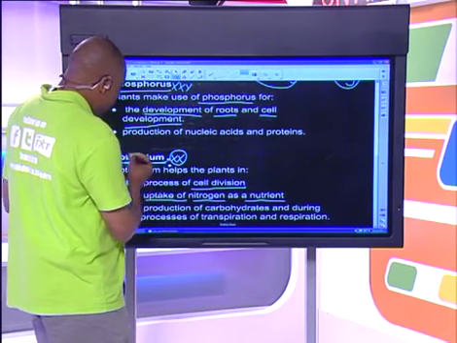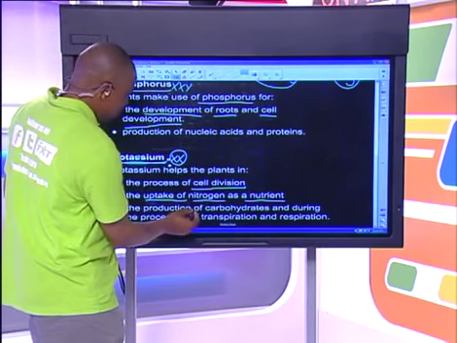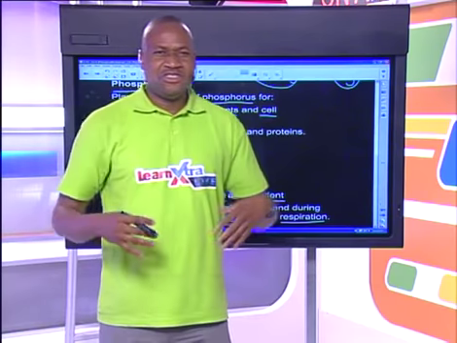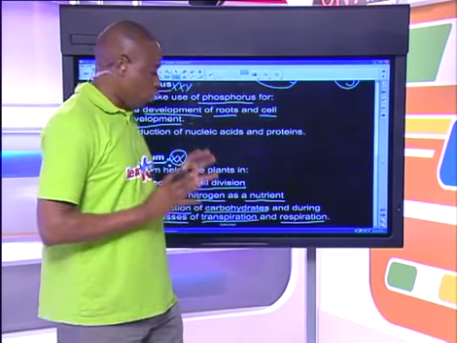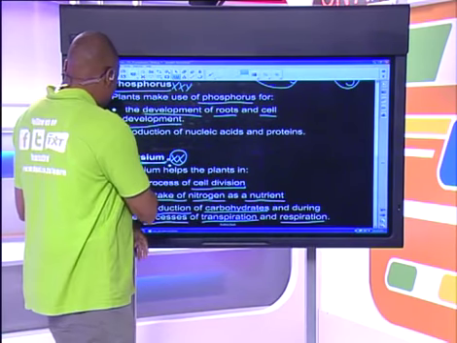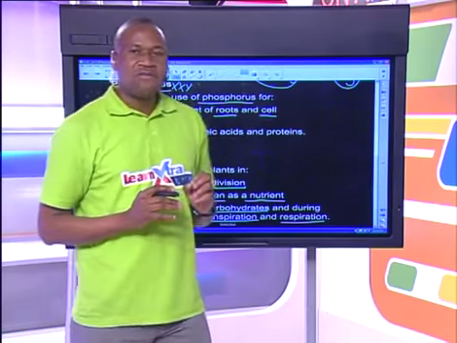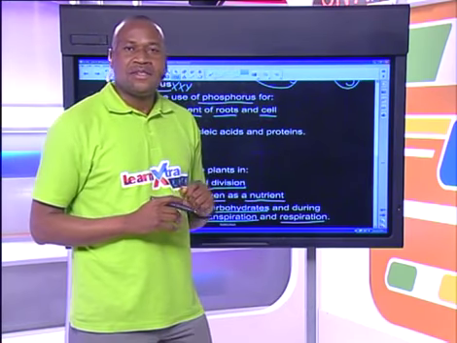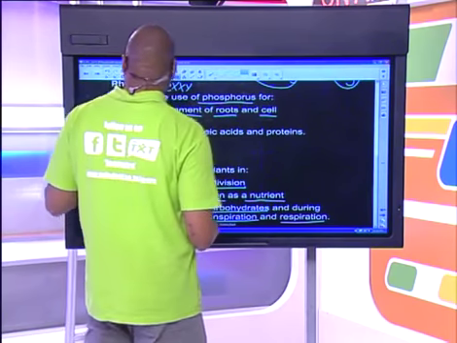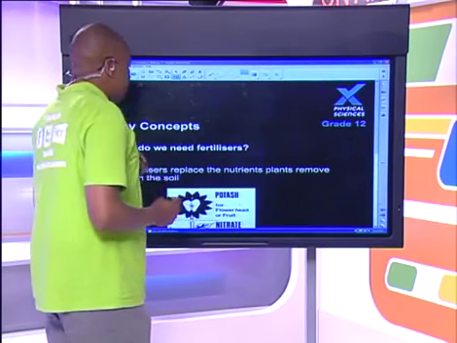This potassium also helps in the production of carbohydrates and during the process of transpiration and respiration. So we know all these things. In the life sciences lessons, you will be learning about them, the guttation and everything, transpiration and respiration. All those processes, you need a good amount of potassium to help those plants to do those processes.